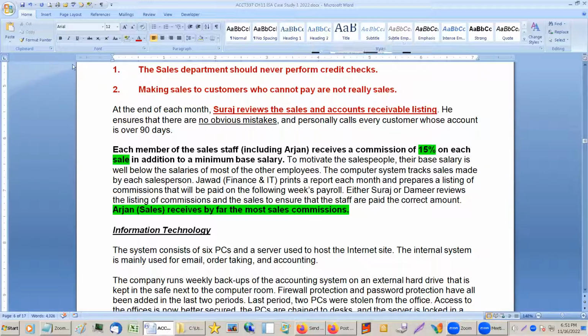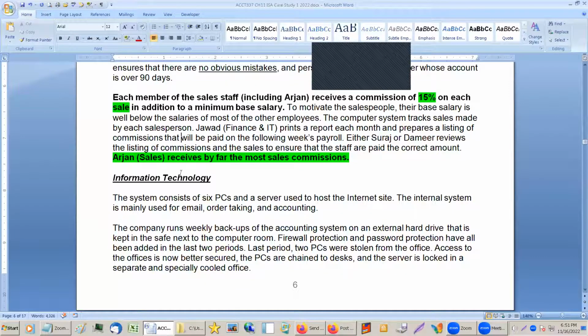So this is a control weakness, and it's a control weakness that might be hard for the audit because you're looking at things that look like sales that really aren't. And that does affect the financial statements. If they have a bunch of sales that they're never going to collect, those really aren't sales. Or if they have sales that can be returned. Again, those are actual things that affect the financial statements, which you're signing off on. So even though it's kind of a management thing, it's also a problem for the auditors.